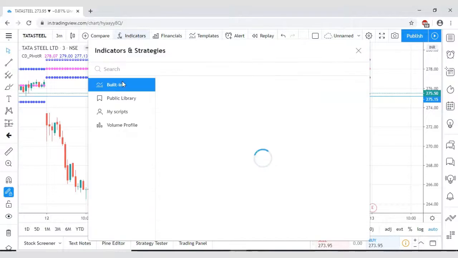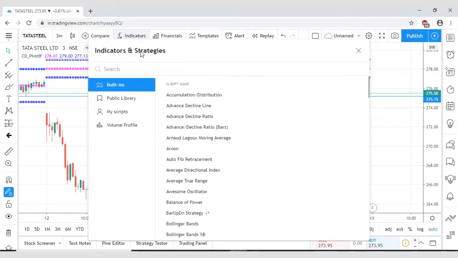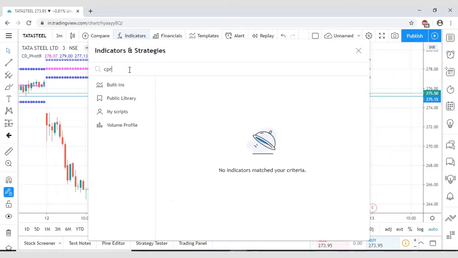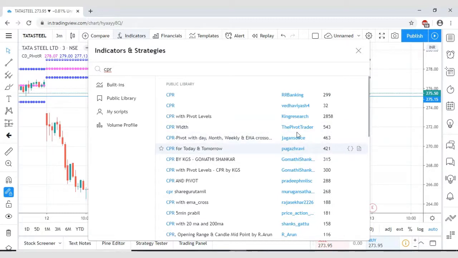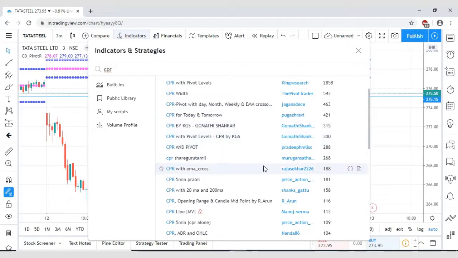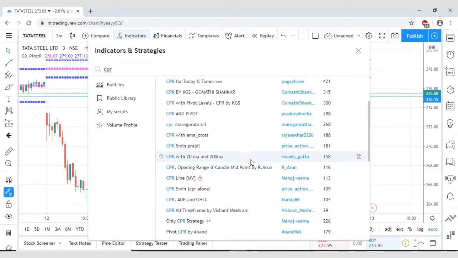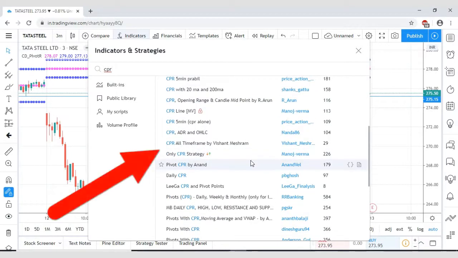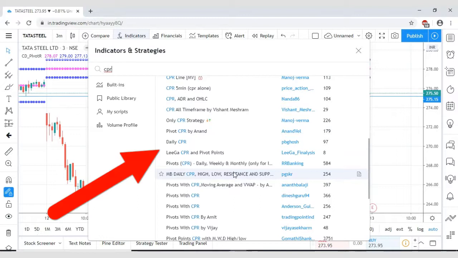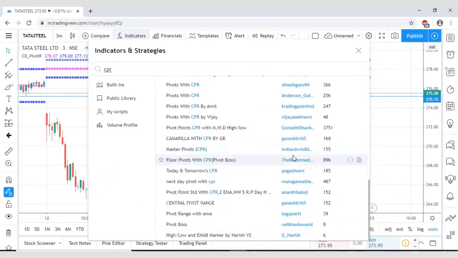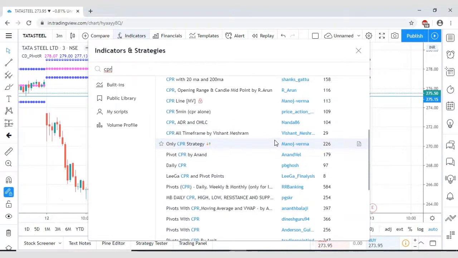Go to indicators and search for CPR here in TradingView, and you'll get a lot of people who already created this CPR for themselves, and a lot of other people are already using it. There are a lot of downloads you can see, meaning installs. I use the one from the person who invented and developed this CPR, so that it will be the most trusted one.